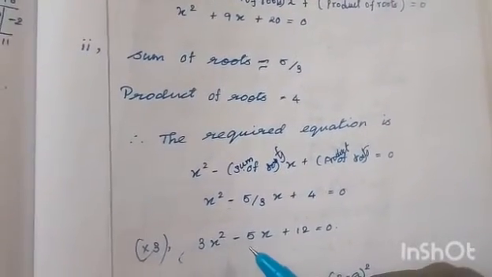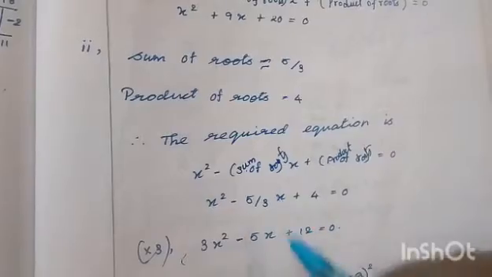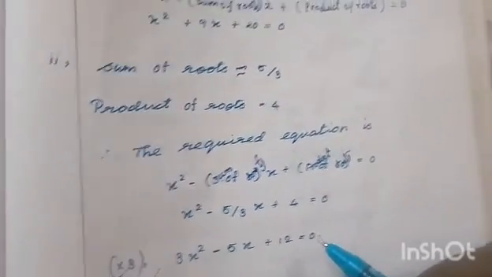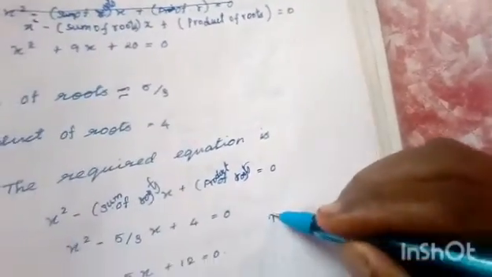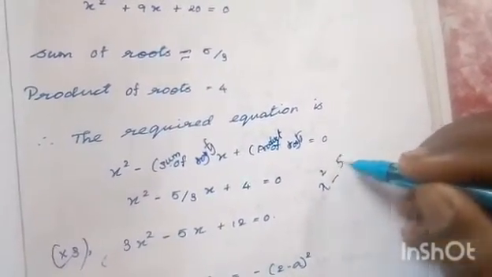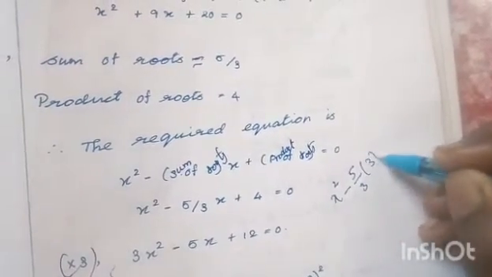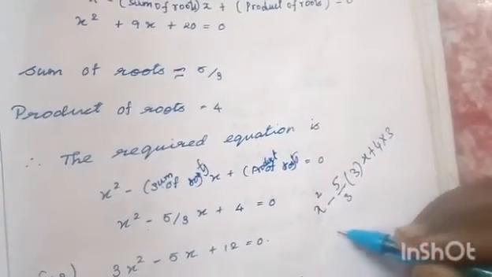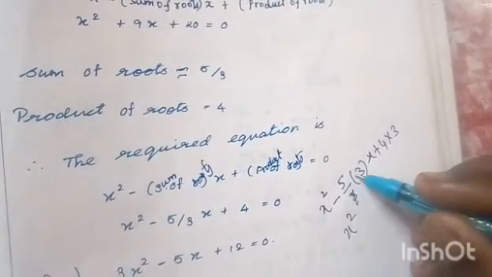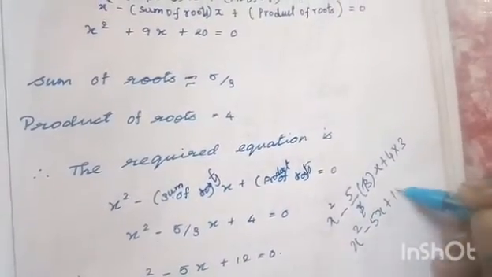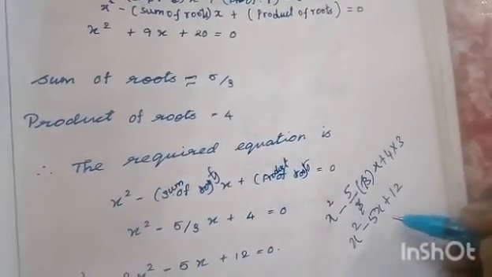So that is 3x square minus 5x into 3 by 3, 3 cancels, so minus 5x plus 12 equal to 0. Students, listen: multiplying by 3, x square minus 5 by 3 into 3x plus 4 into 3, the 3 cancels, so minus 5x plus 12. So 3x square minus 5x plus 12 is equal to 0.